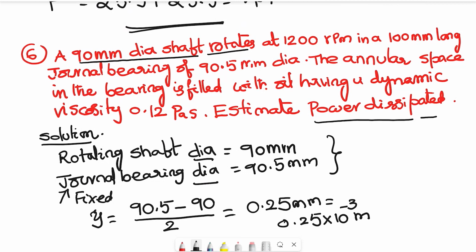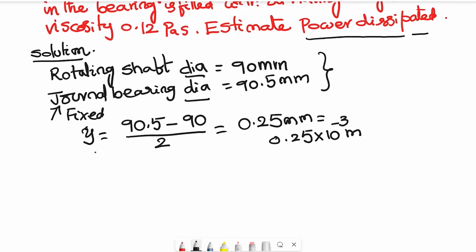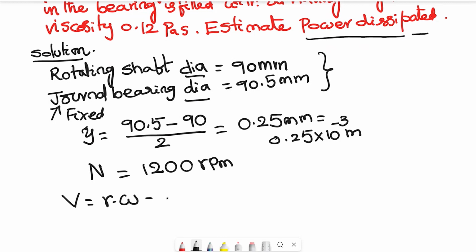That's the first thing. What is the second thing he has given? This is rotating at a speed of 1200 rpm. Speed means we always put it as n. Once n is given, how to get v is equal to r omega. It is r into omega, which is r into 2 pi n by 60.